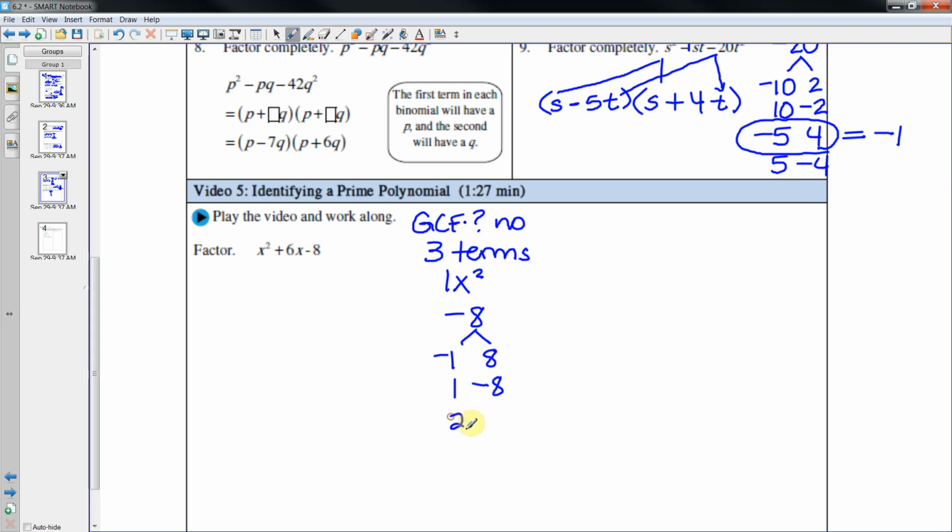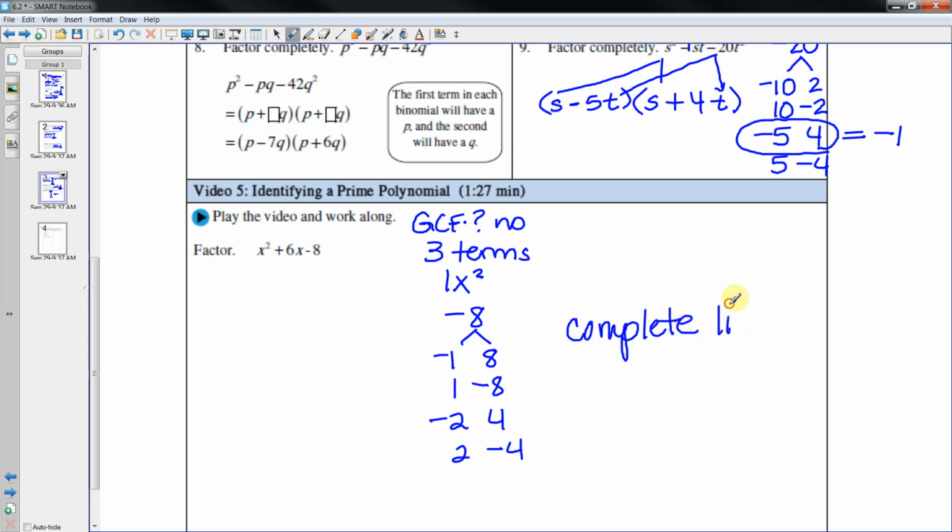So I move on to 2 times 4. Negative 2 times a positive 4, positive 2 times a negative 4. This gives me 2, this gives me negative 2. I'm looking for a 6. Are there any other factors of 8? I cannot think of any. There are not any other factors of 8. So once you have made a complete list, and no factors work, then we can say this problem is prime. But do not just say that a problem is prime if you haven't made a complete list.